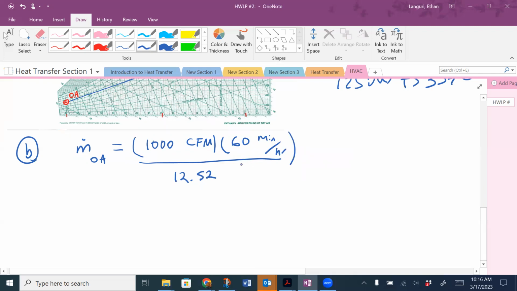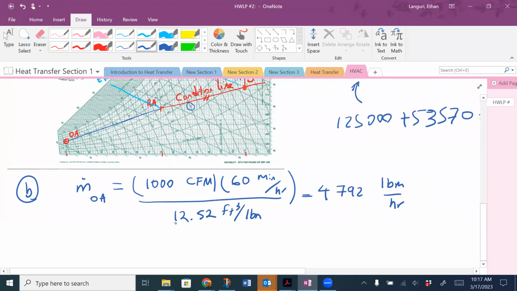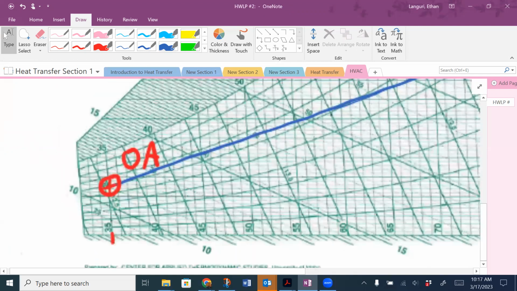So 12.52 cubic foot per pound mass, I have a number of 4,792 pound mass per hour. If you're asking how we find this 12.52 for the specific volume of outside air, I need to zoom in.